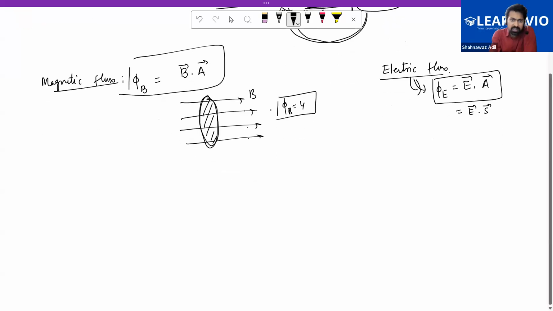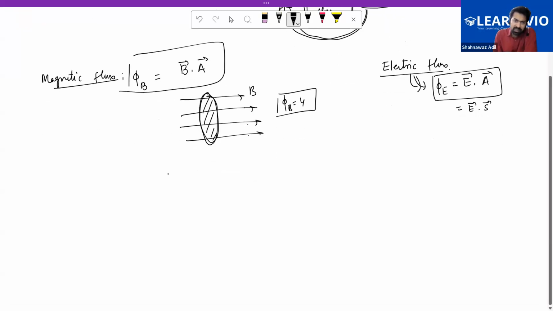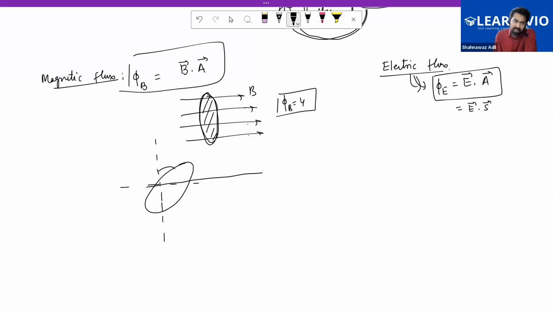Let's say this is how the area vector is, and it is making an angle theta.